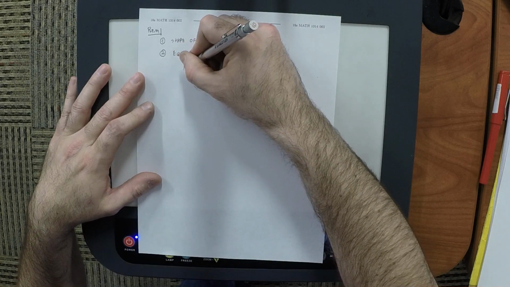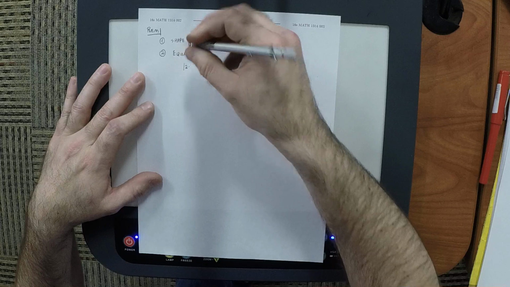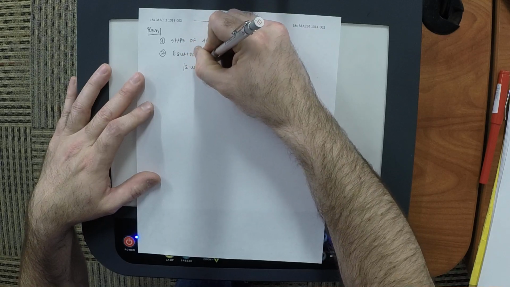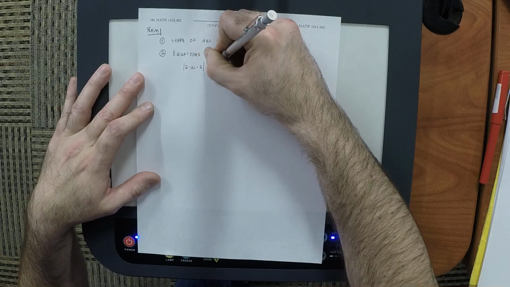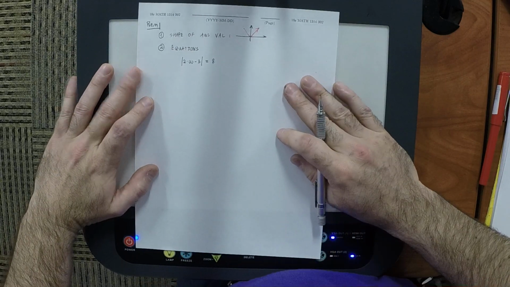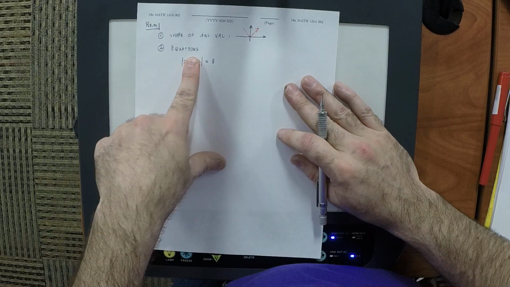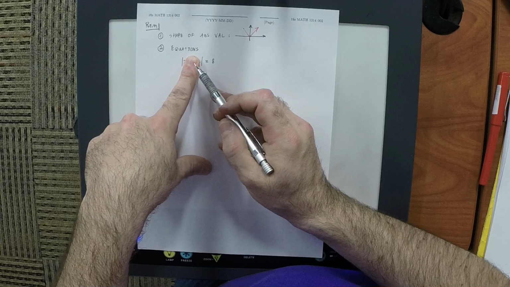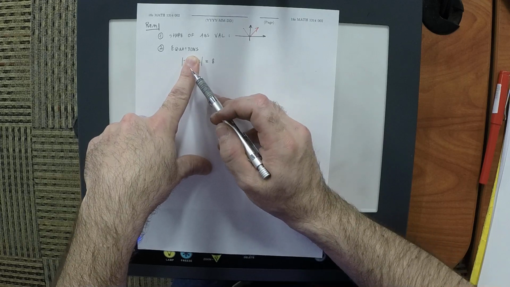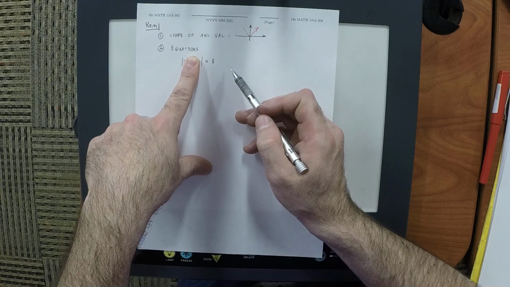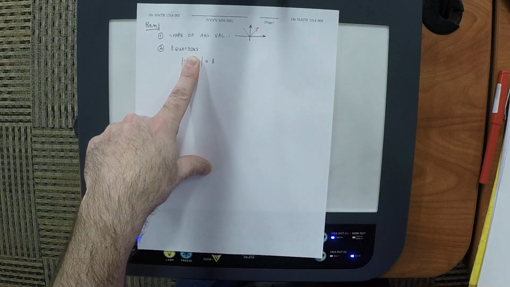So we could ask, what is the solution to the absolute value of 2w minus 3 equal to 8? The way you go about doing this is you say, I'll cover up that and then ask myself, what kind of input could I provide to the absolute value so that the output would be 8? 8 or negative 8.